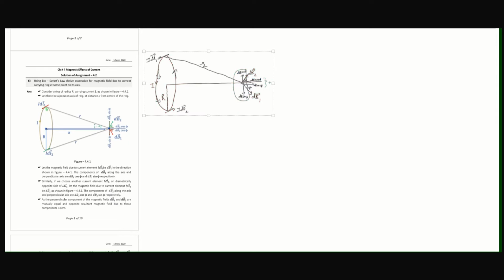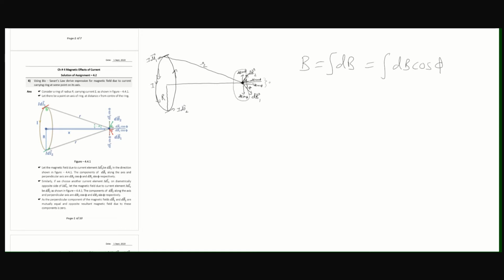So now, if I consider the resultant magnetic field, which is the integration of dB, I don't have to worry about both components of dB. I just have to worry about dB cos phi.